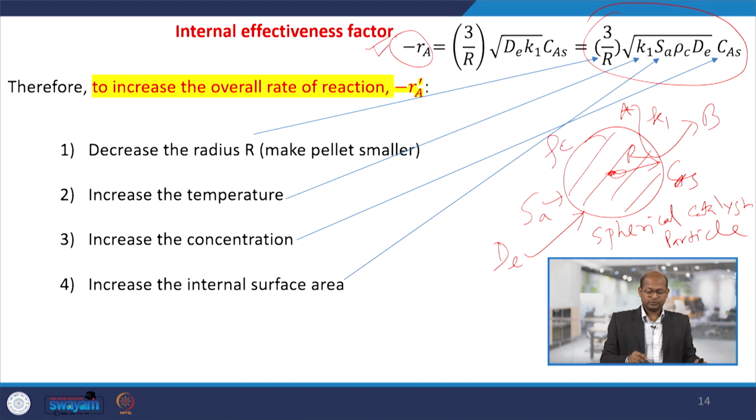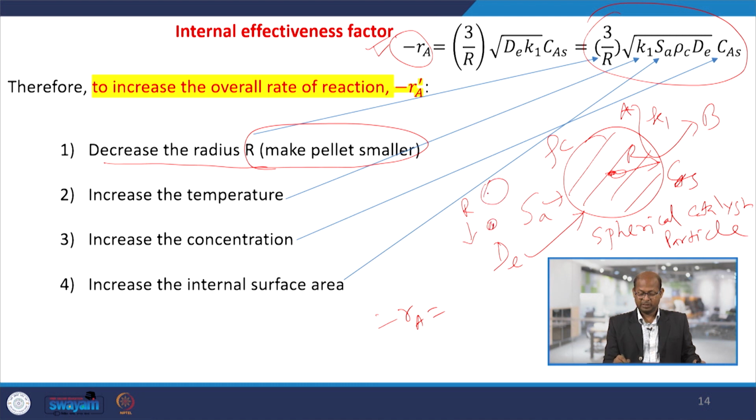So, if these components are known, then how does R A depend on these parameters? When decreasing the radius of the catalyst particles, if we make large particles into small particles, then the rate of the reaction will decrease as the particles are made smaller.